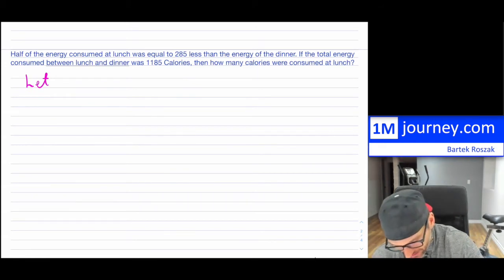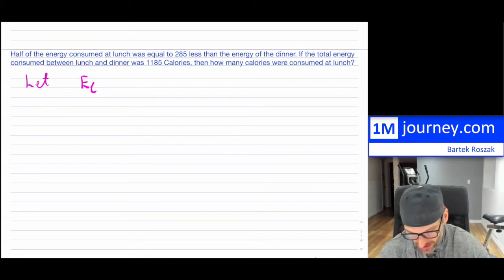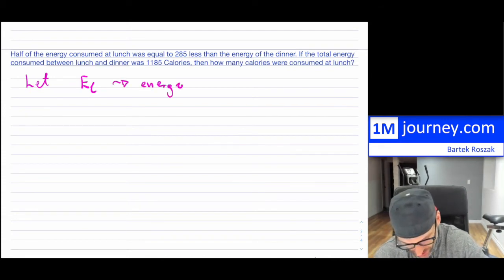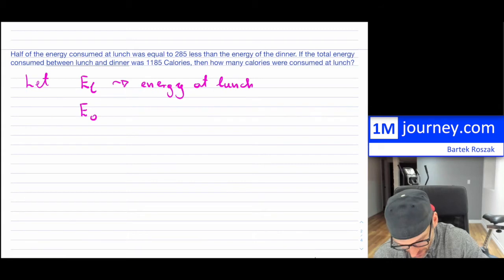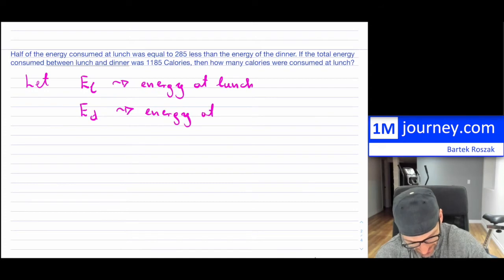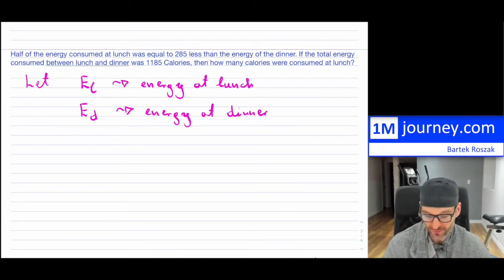So I can set energy E, I'll put a subscript L. So this is the energy at lunch. And then I can put energy at dinner, D. And so here I can write energy at dinner. So those are the two.